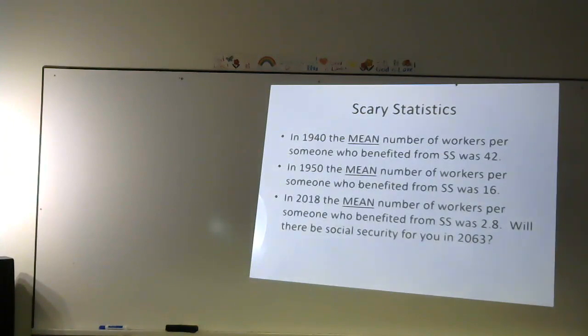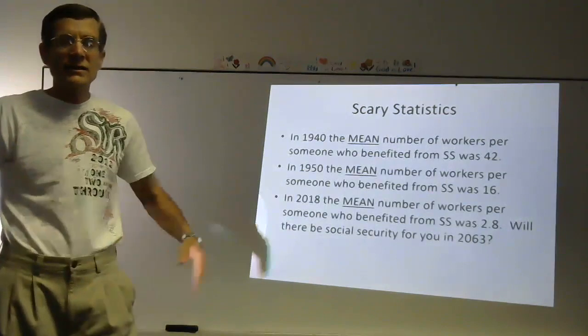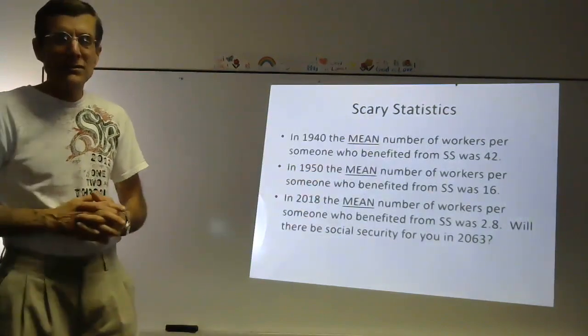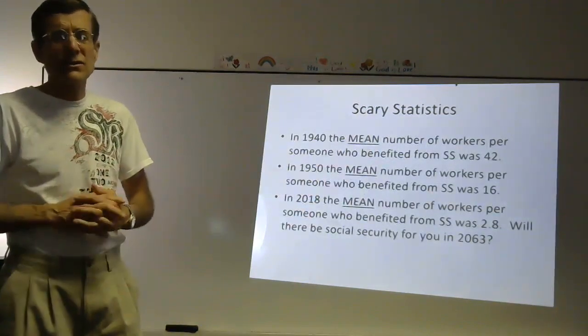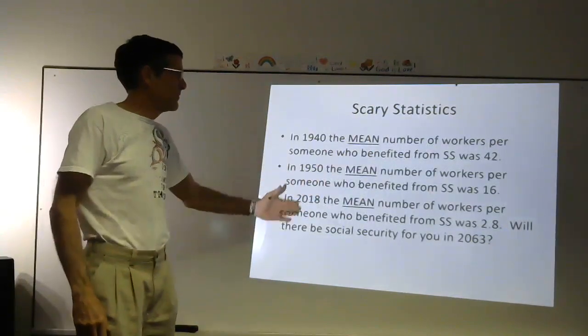The other thing is, if you think about Social Security, okay, I'm an old guy. I'm going to soon be getting Social Security. I'll get a check every month, probably roughly $2,900 a month, okay? Here's what's interesting.